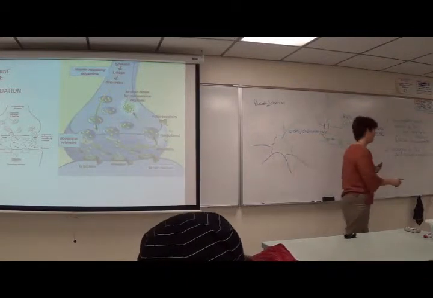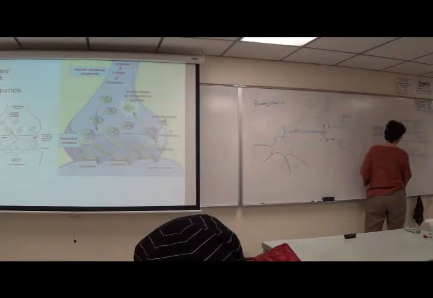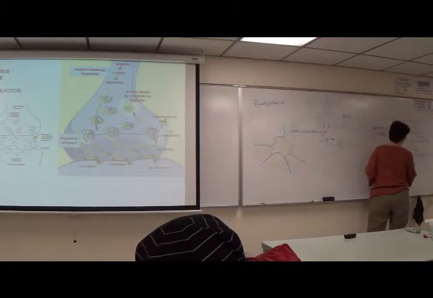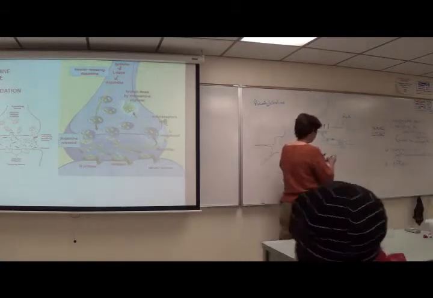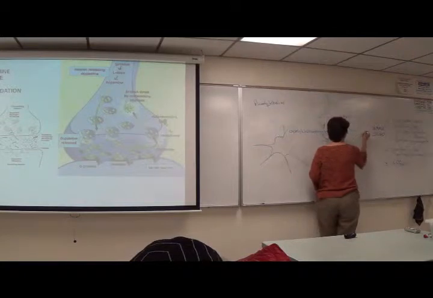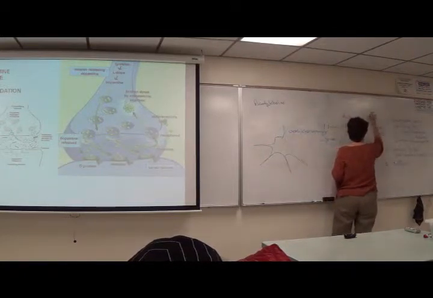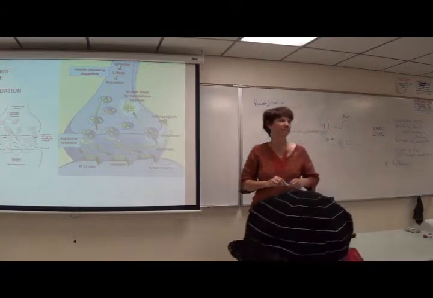The third one is really simple. Just diffusion. A whole bunch of neurotransmitters in here. Not all of them are going to stay, and some will eventually just move out and get removed by microglial cells.